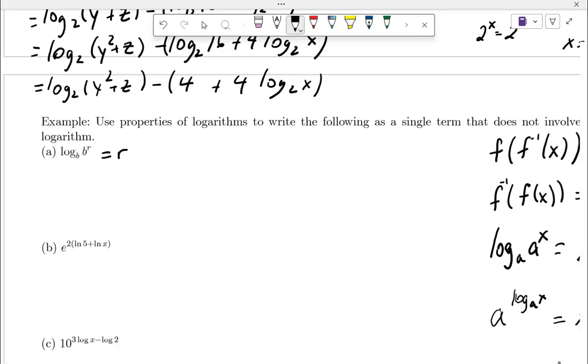Remember what the question is asking you. When I see log, it says what exponent? That's what you think first. What exponent on the base, on b, gives me b to the exponent of r? Well, what's the exponent? It would be r, isn't it? What power on b gives me b to the r? That's the r. They undo each other again.